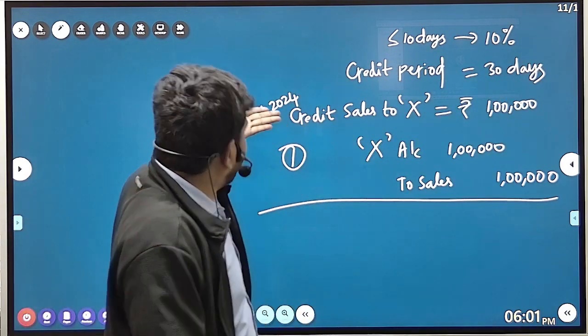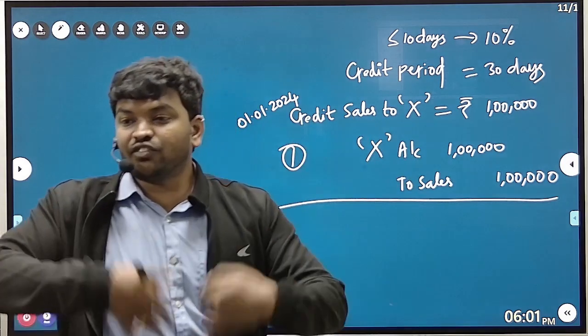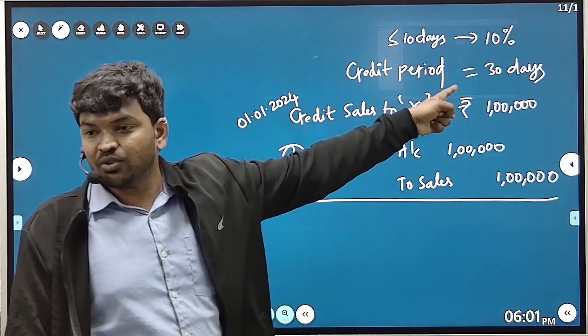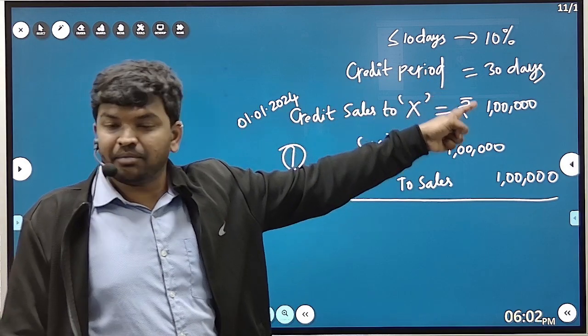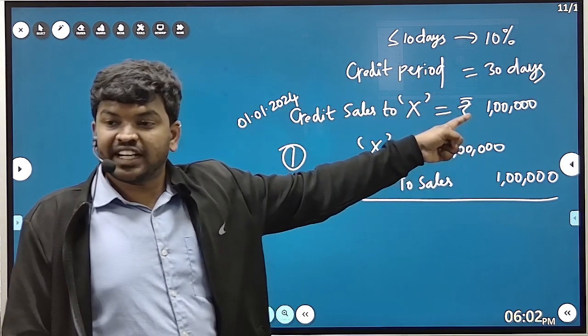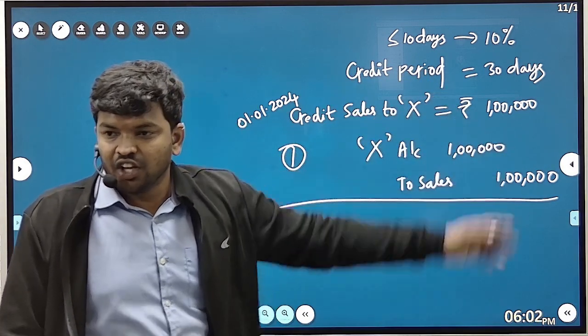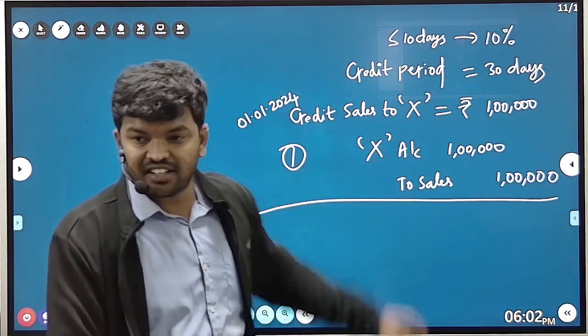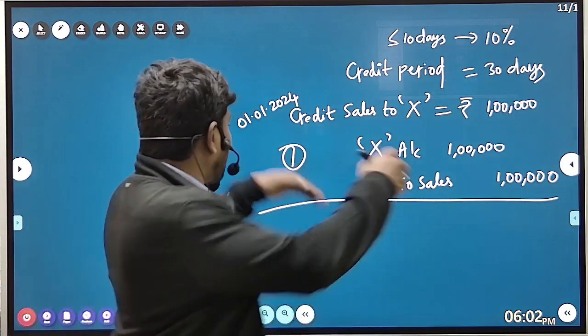Suppose he pays me within 10th of January 2024, how much discount do I have to give him? In amount, 10,000. So what is the net amount I am going to receive from X? 90,000. What will be the entry now?